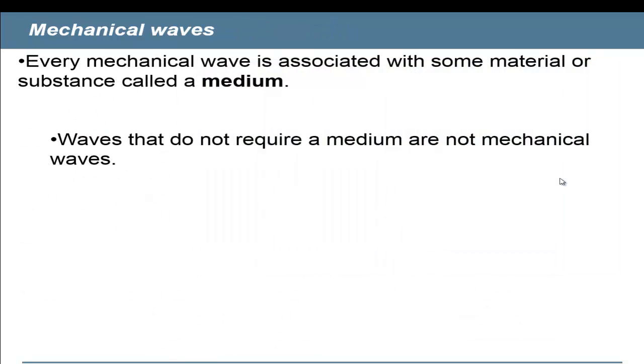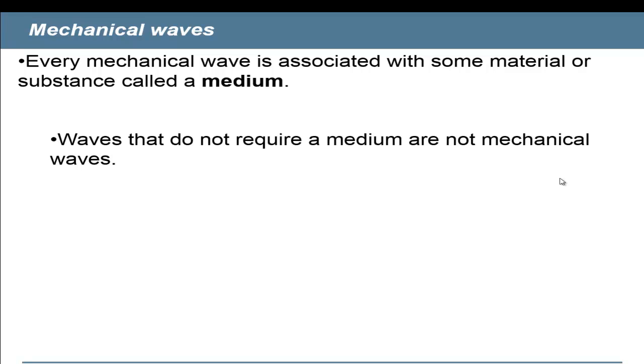So in order to have that transmission of the disturbance throughout the system from one region to another, we have to have some way to do it. At least for a mechanical wave, we have to have some way to transmit that energy, transfer it from place to place, and we call that a medium.